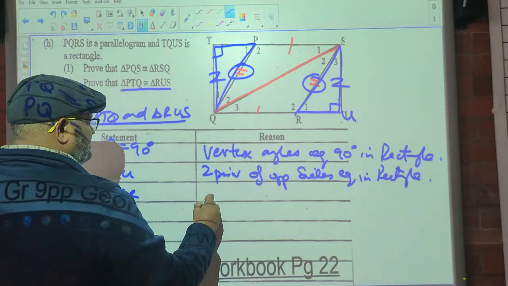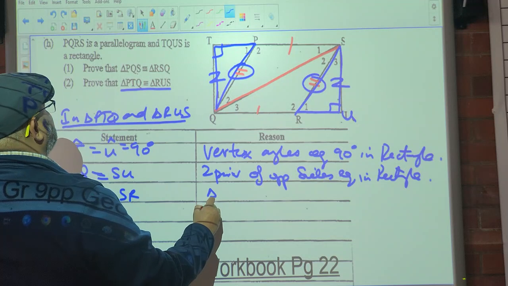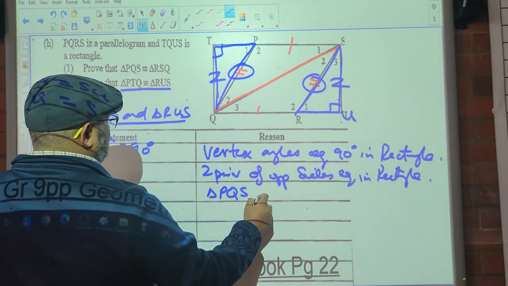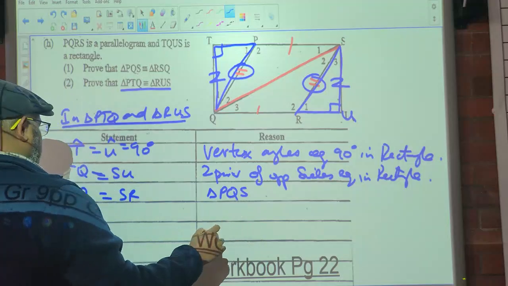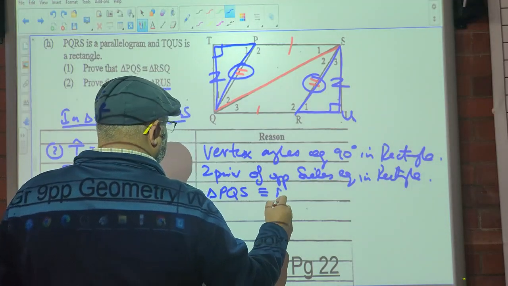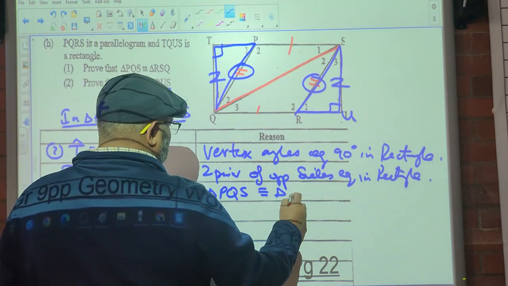Why? Because we already proved that triangle PQS is congruent to triangle RSQ.